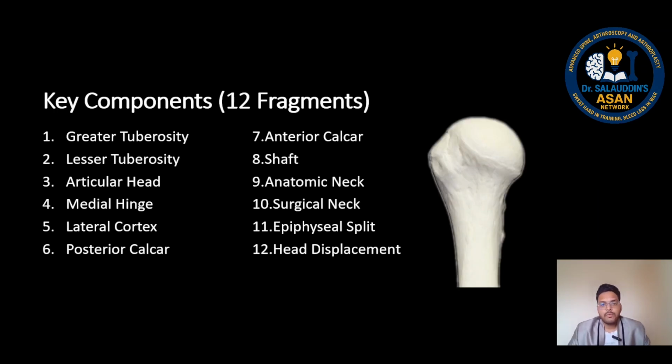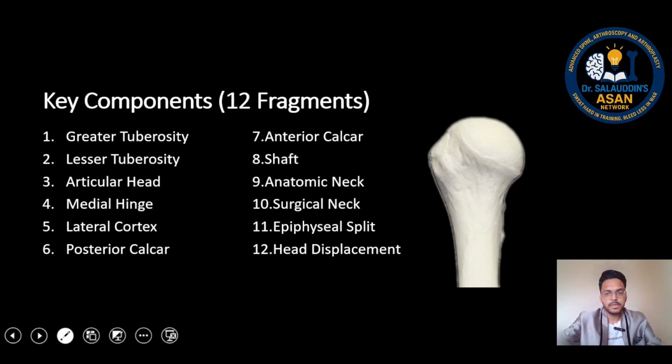So what are the 12 fragments? The key 12 fragments: the 4 fragments we already know, that is the head, the shaft, greater tuberosity and the lesser tuberosity. Now he adds the medial hinge, that is here is the medial hinge, the lateral cortex, then the posterior-medial calcar.